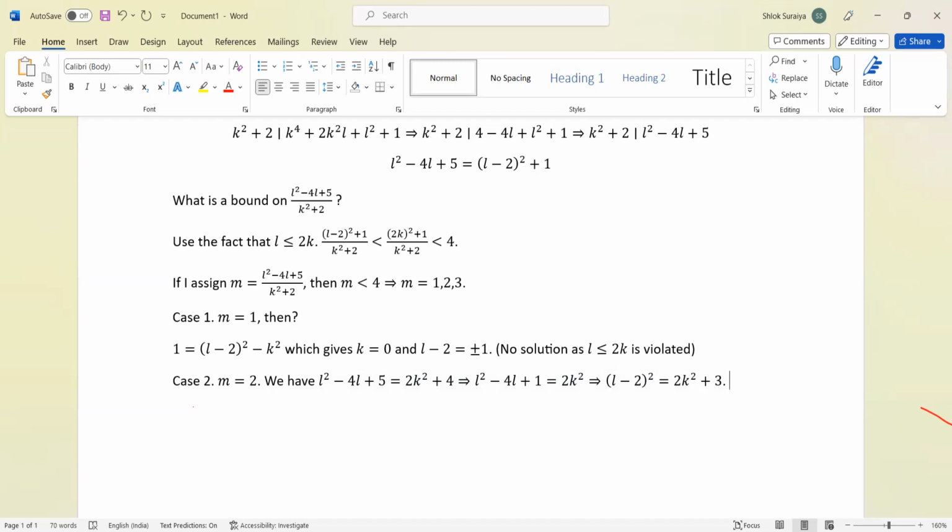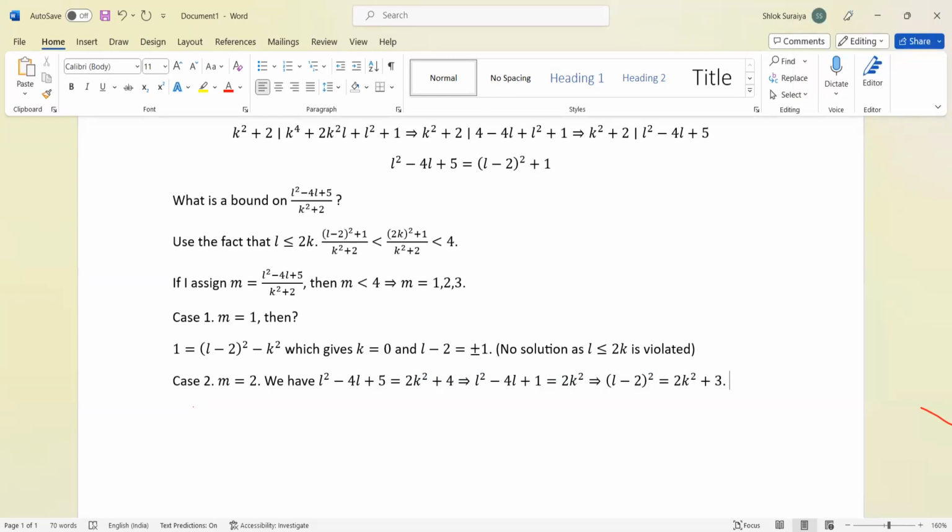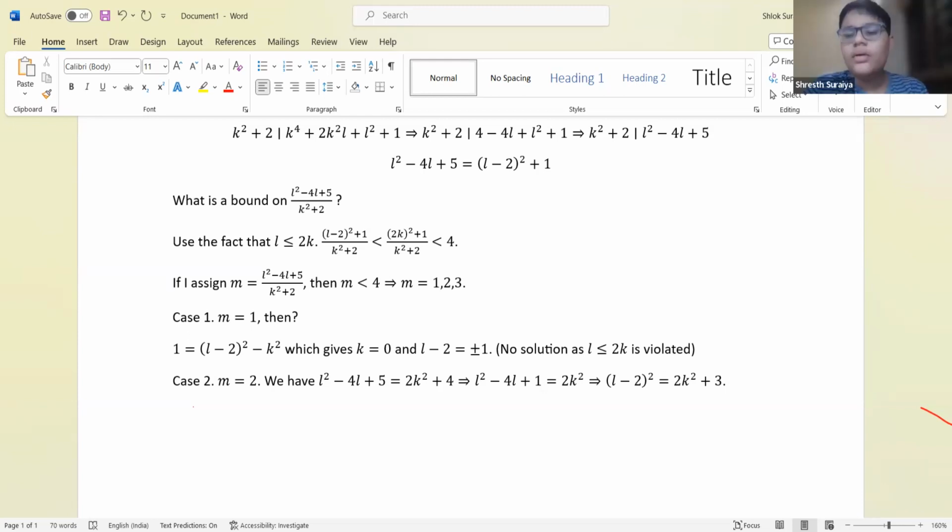They're congruent to 1 modulo 4. Okay, very good. So it's congruent to 1 mod 4. So the LHS should be congruent to 1 mod 4. Here the RHS is 2 mod 3, sorry, 1 mod 3, so l minus 2 must be an odd number. How is the RHS 1 mod 3?